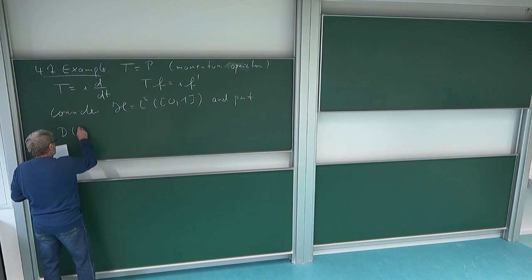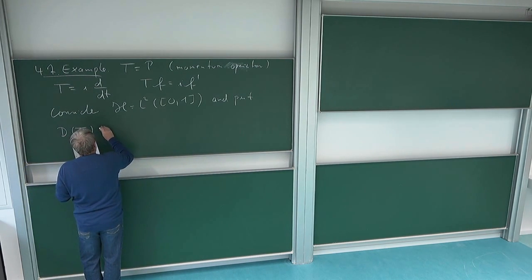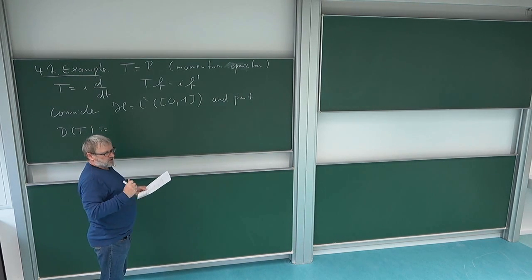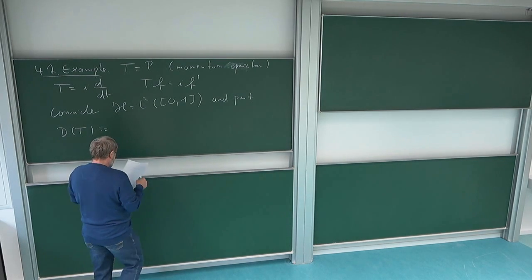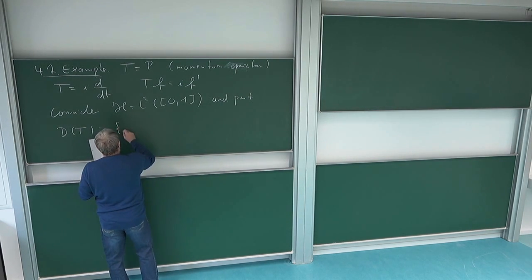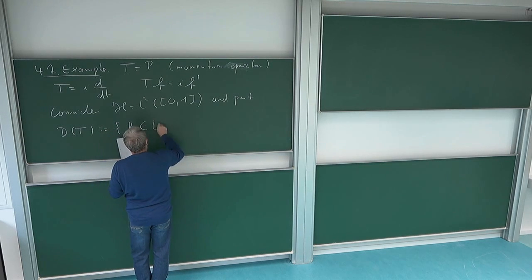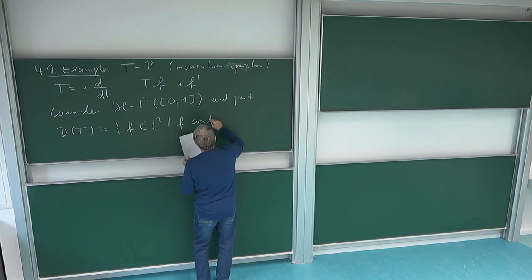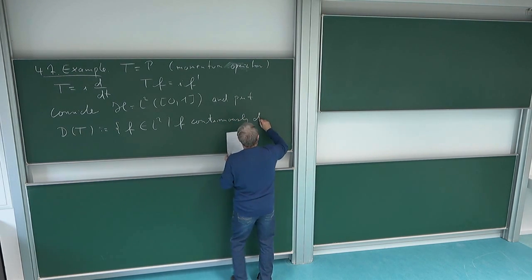So let us put as a domain the straightforward thing, just taking the functions for which we are sure that we can take the derivative, and we have all the nice rules for working with the derivative. So we say those are the functions in L2, but not all of them, but they should be differentiable, and we even assume continuously differentiable.